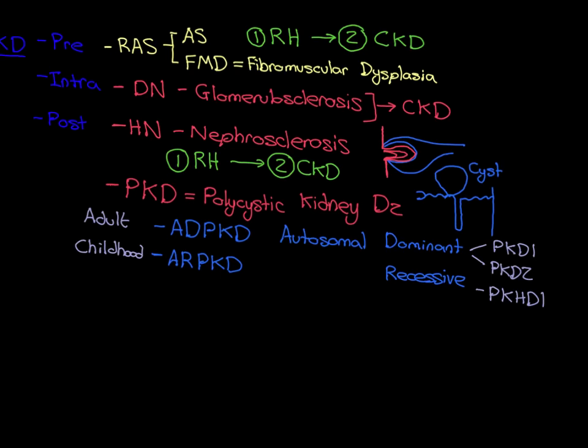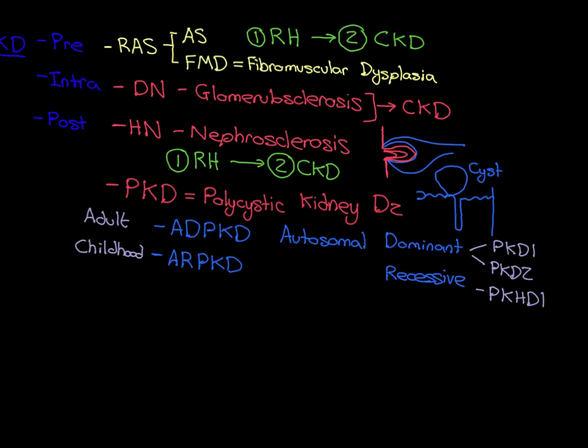What actually happens inside the kidneys is that gradually these cysts are going to form on the side of your nephrons within your kidneys, and your kidneys are therefore going to end up with a huge number of cysts inside them. And these cysts don't all form at once. They are going to form over years usually. So you're going to get gradually more and more cysts forming inside your kidneys, and they're forming on the sides of the nephrons.